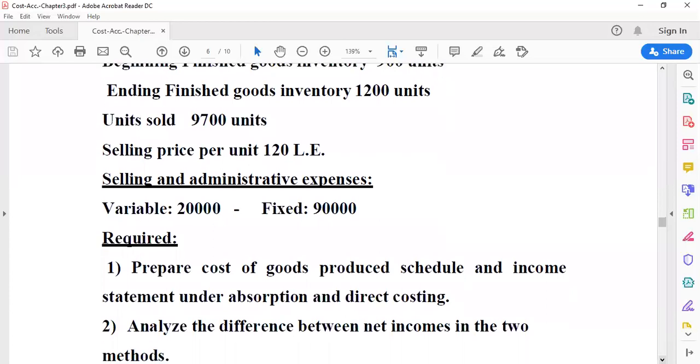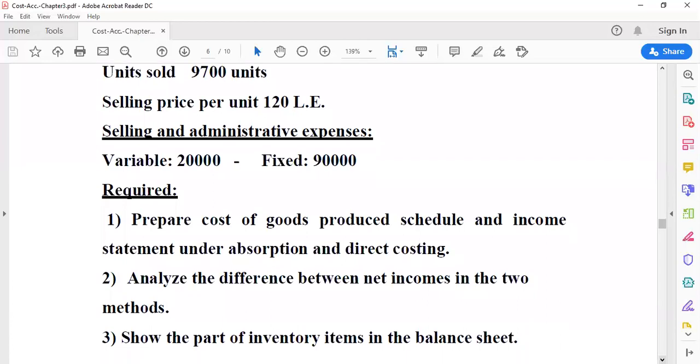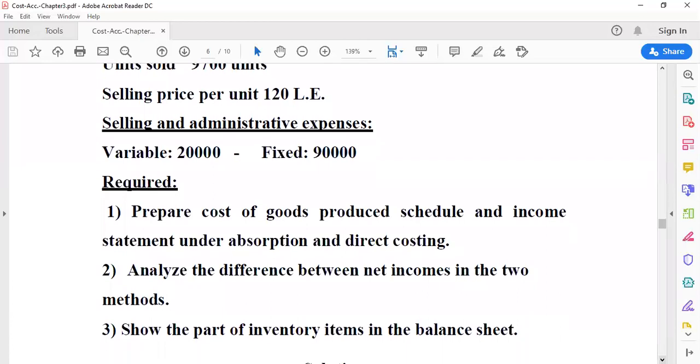Selling and administrative expenses have variable and fixed ones: variable equals 20,000 and fixed equals 90,000. The first requirement was preparing the cost of goods produced schedule and income statement under the absorption and direct costing theories. We had taken the full absorption theory, collecting all costs, whether variable or fixed.